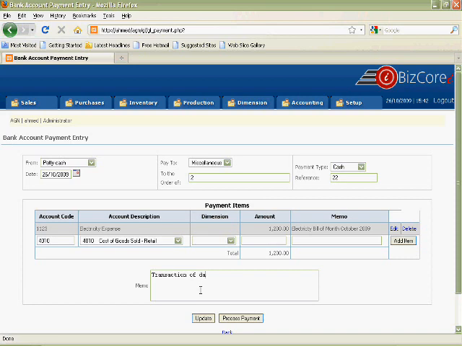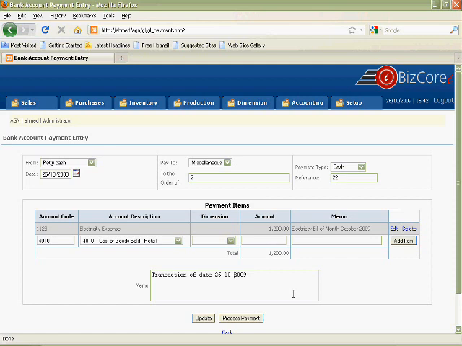For example, you can mention over here that you are doing the transactions of 26th of October 2009. You can add multiple transactions, and at the end you can get the memo that all these transactions were on the date of 26th of October, and then process payment.